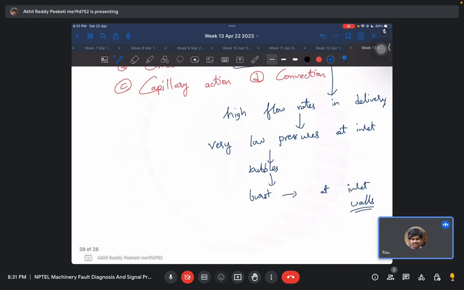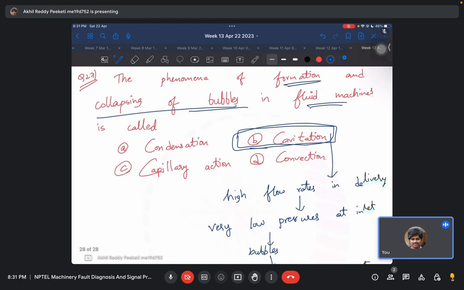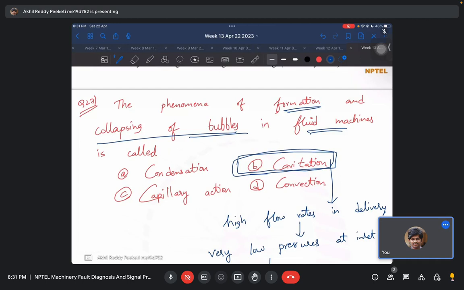So this bursting actually can damage the walls. So this is called cavitation. This will also look like high frequency vibrations. If you record the vibrations, then there will be very high frequency vibrations. Okay, this is cavitation. The phenomenon of formation and collapsing of bubbles in fluid motion is called cavitation.